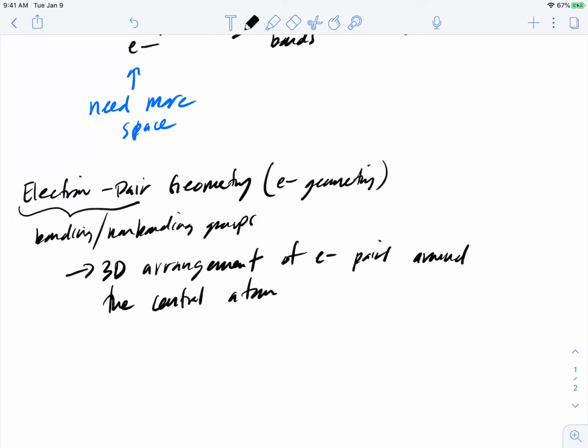Now, for the electron pair geometry, there are fewer variations because it doesn't matter if they're lone pairs or bonding pairs. If you have two groups, you're linear. If you have three groups, you're trigonal planar, and so on and so forth.